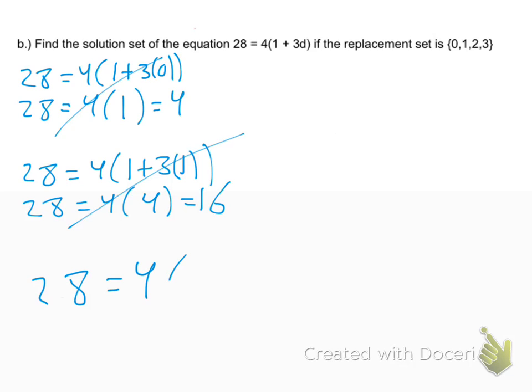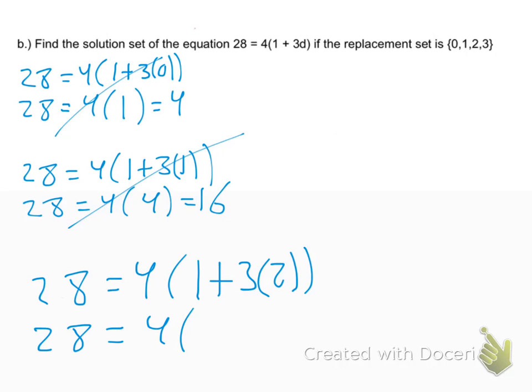28 equals 4 times 1 plus 3 times 2. 28 equals 4 times 7, which is check.